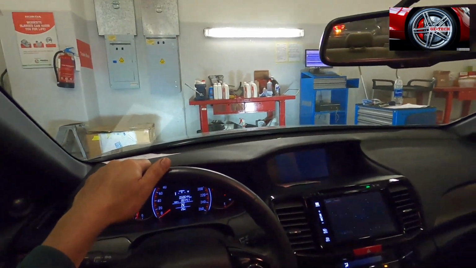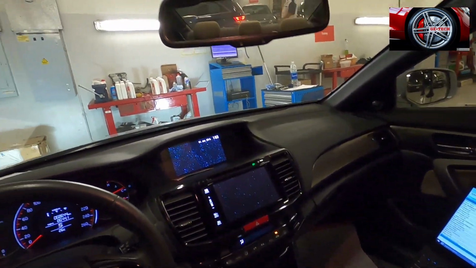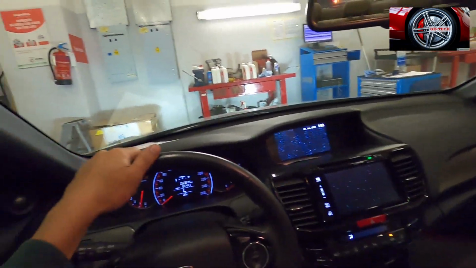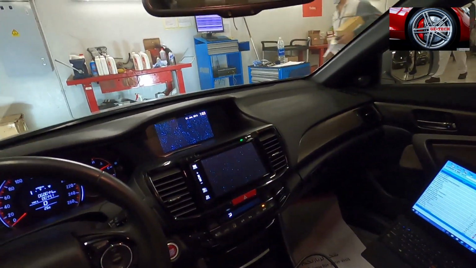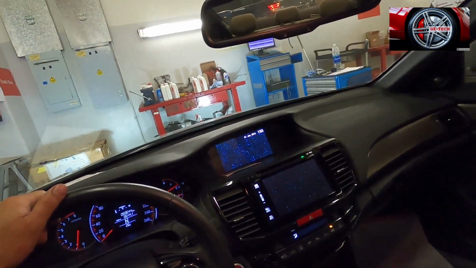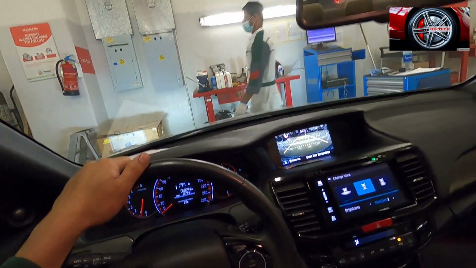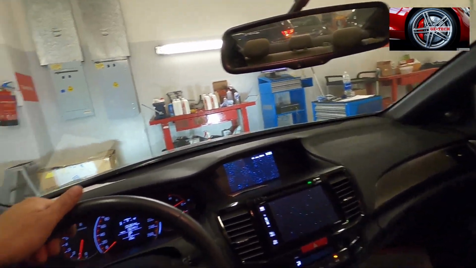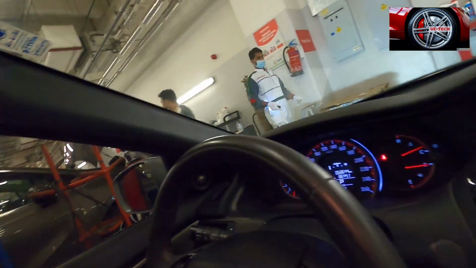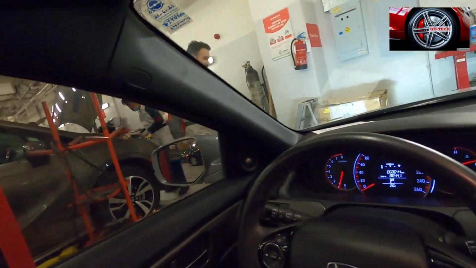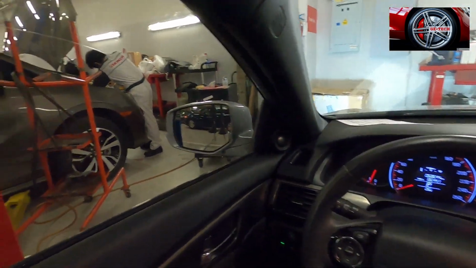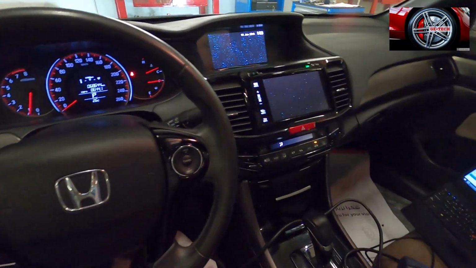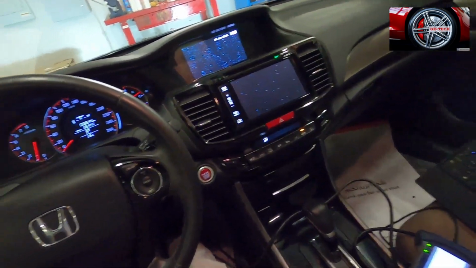We already found out that the sensor is faulty, and aside from that, just to make sure that the ATF level and condition is correct, I also recommended to replace it, since there was no history of replacement of CVTF, this continuously variable transmission fluid. So I also replaced it and made sure the level is correct. Okay, so we are now ready for the final road test. Let's go, guys.